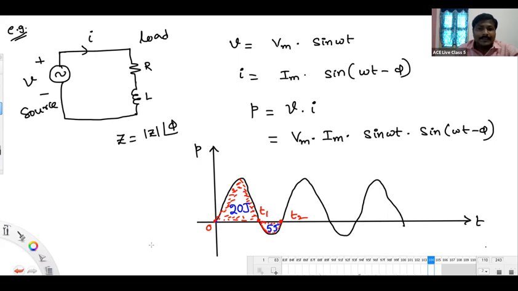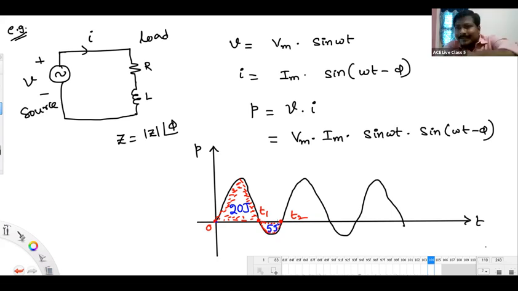Following all of you? The same thing is repeated in each and every cycle further and further. Continuously, the source is delivering some energy to the load. Some part it is using, and some part it is leaving back to the source.